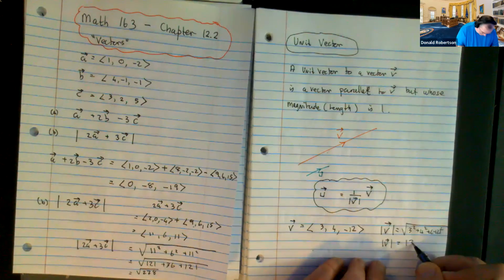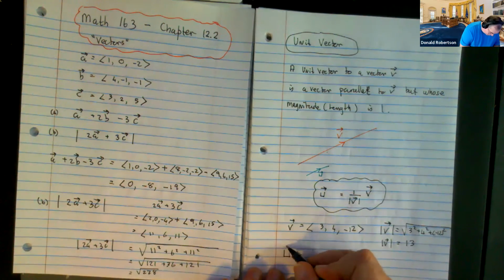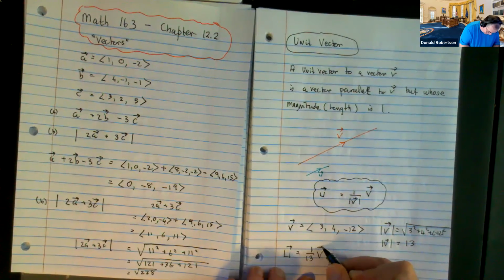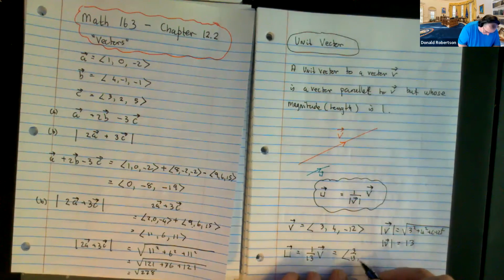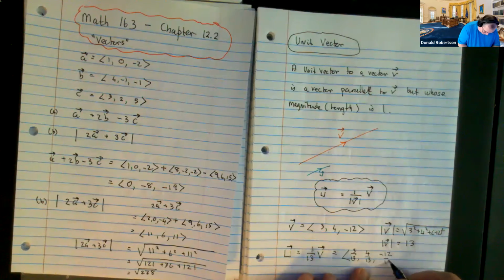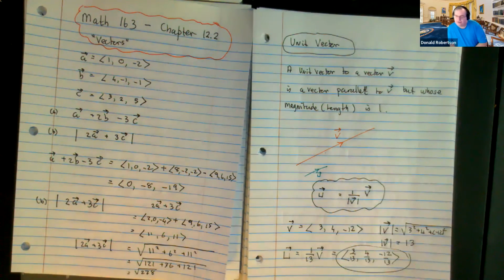And that ends up being 13. And so the unit vector is 1/13 of v. And it will be 3/13, 4/13, -12/13. That is the unit vector of v.